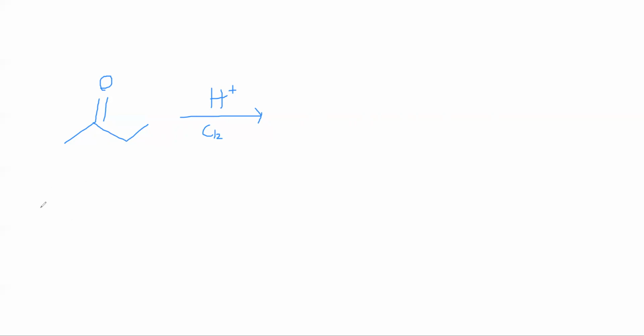So like with this, we could either form this enol or this enol. And the more stable alkene is going to be the one that forms for enols always. So it's going to be this one because it's the more substituted one. So because that's the more substituted side, this is going to be where the halogen ends up going.